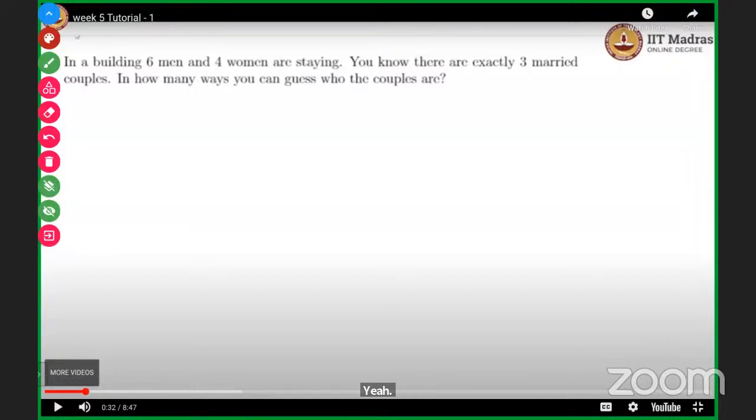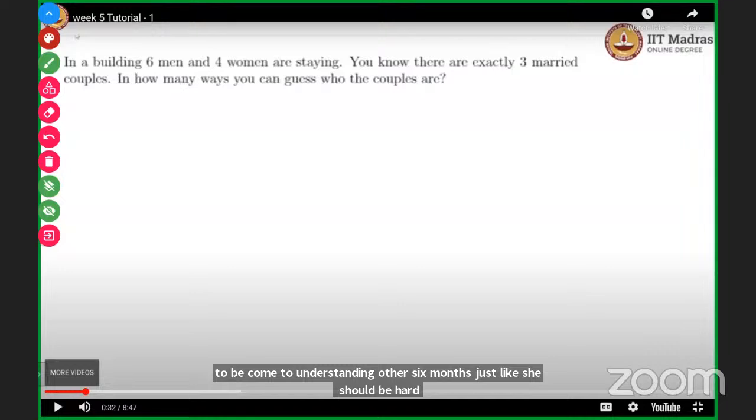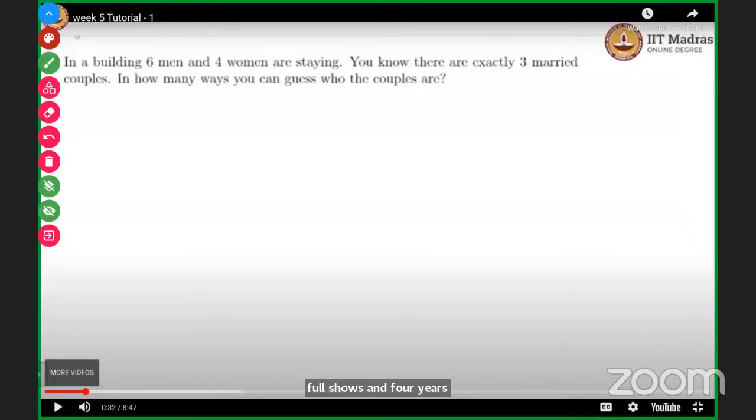But when you look at the question, the simple thing we understand is that there are 6 men, just like the shirt and pant combination, 4 shirts and 5 pants, that's a pair. So I simply multiplied 6 by 4 and got 24, the maximum number of pairs. I know I'm wrong, but I'm not able to understand that concept.